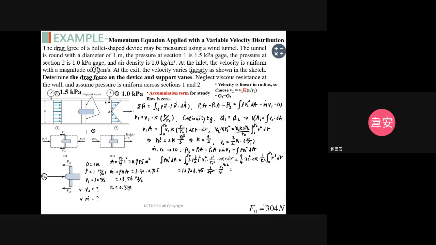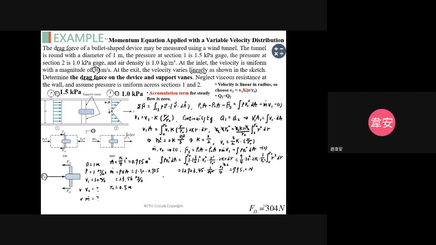So this is equal to 795.2 Newton. Okay, so for equation 2, we know the integration item is equal to 795.2 Newton. So we go back to see equation 2.